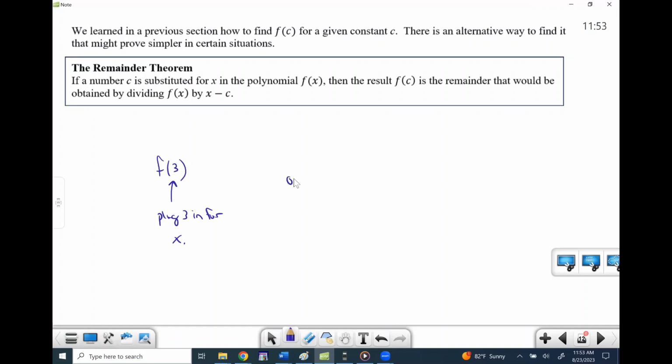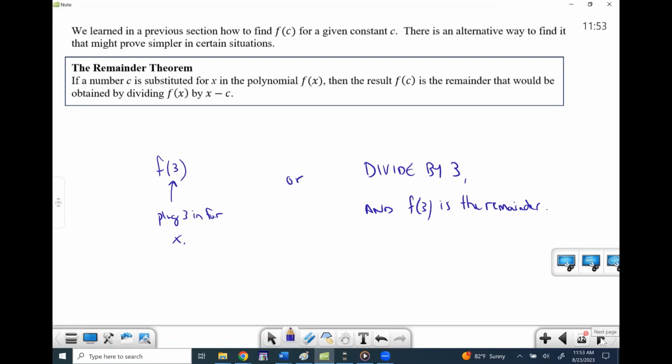Okay, so I'm going to put, or divide by 3, and f of 3 is the remainder. So we now have 2 ways to do this, okay? And it's nice to know both, because sometimes this way is easier, sometimes this way is easier.